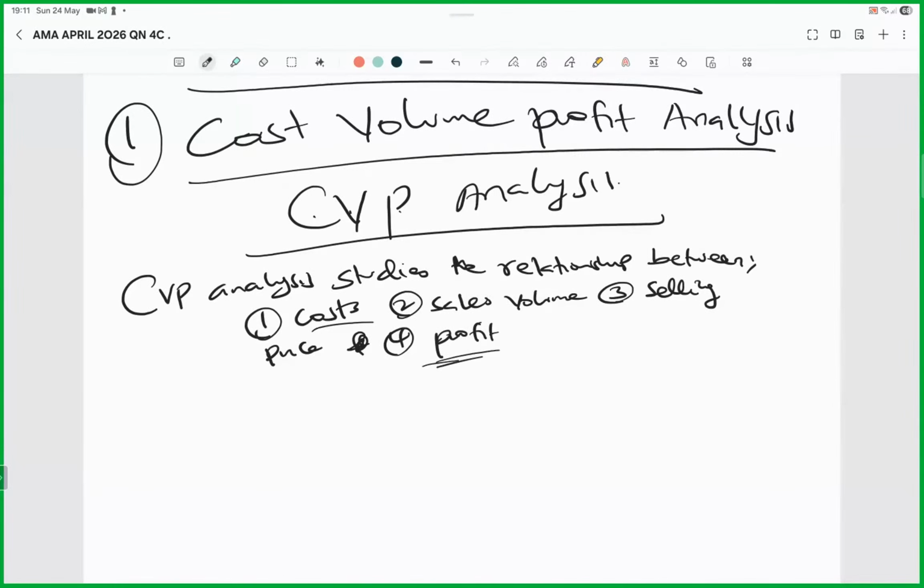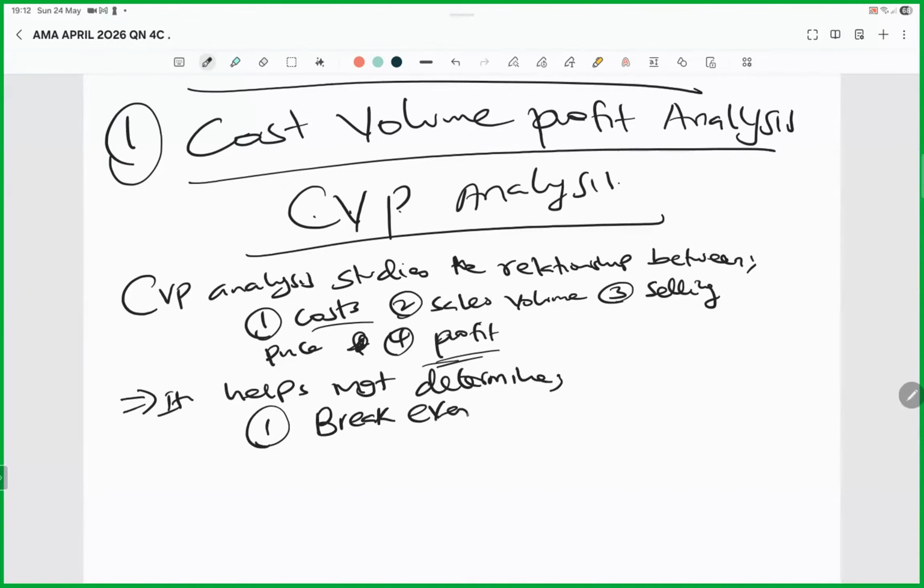It helps the management determine, very important, number 1, break-even point. If you remember very well, this is the point of zero profit, zero loss. No profits, no losses.